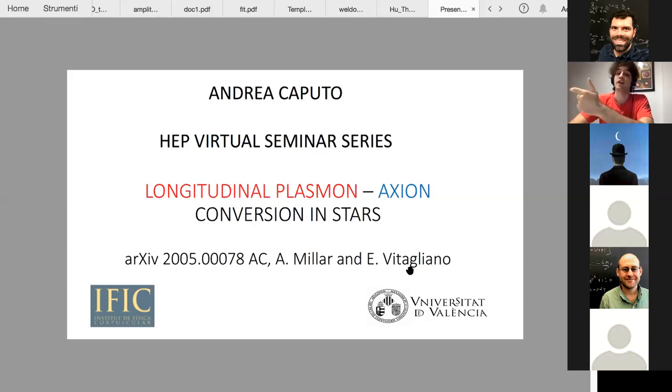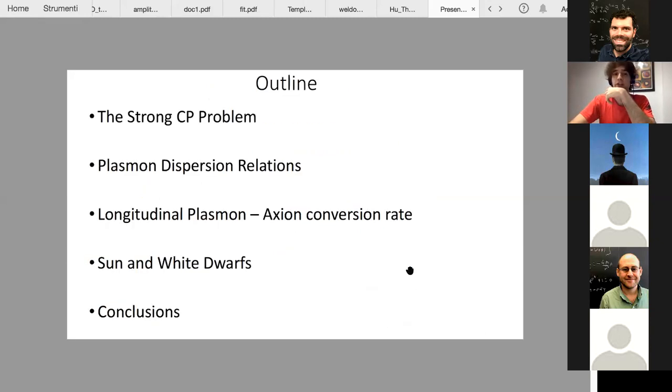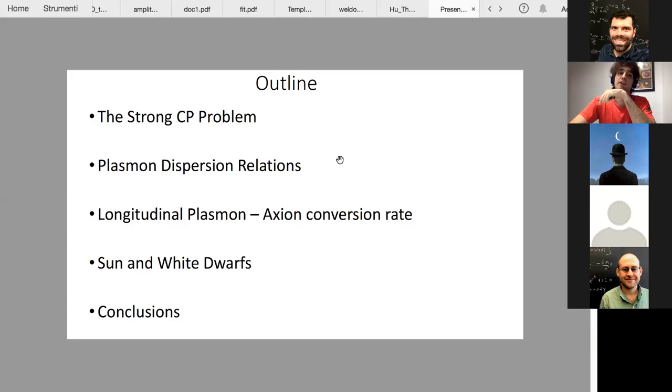Okay, so today I will be talking about, as Luca said, longitudinal plasmon conversion into axion in stellar environments. This is my outline. I will start with a brief introduction about the strong CP problem, although not a very long introduction. Then I will go through explaining some physics of plasma and the dispersion relation of photons in a QED plasma.